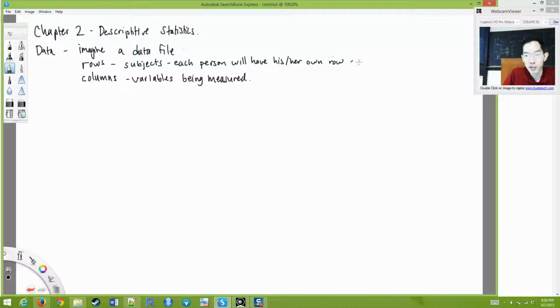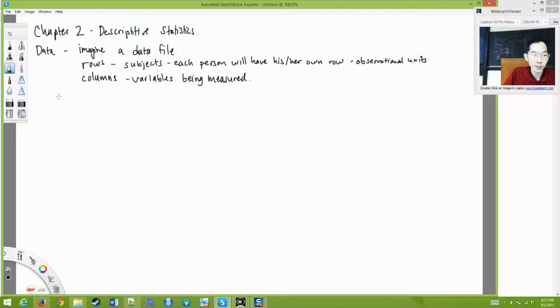Oh, the book calls these observational units. Let me just write that also. We have two types of data that can be gathered, and those would be numeric data and categorical data.